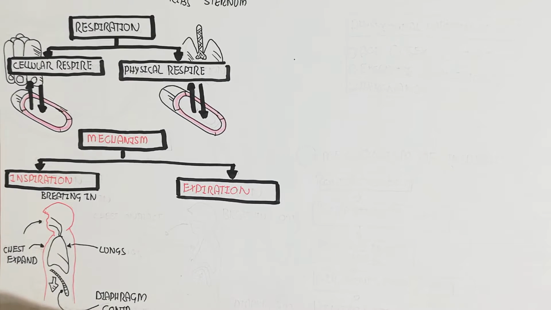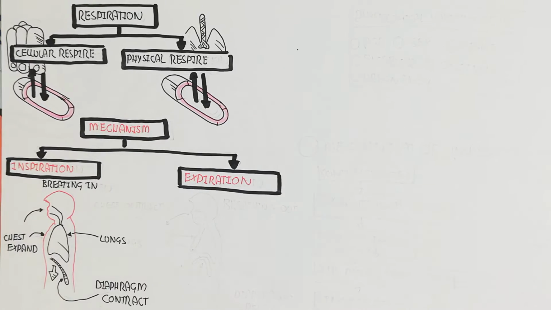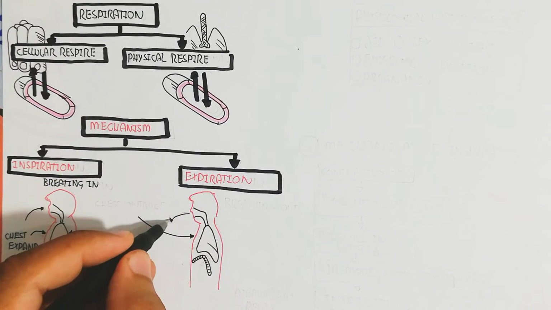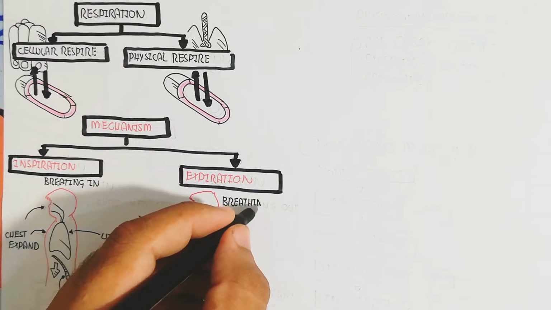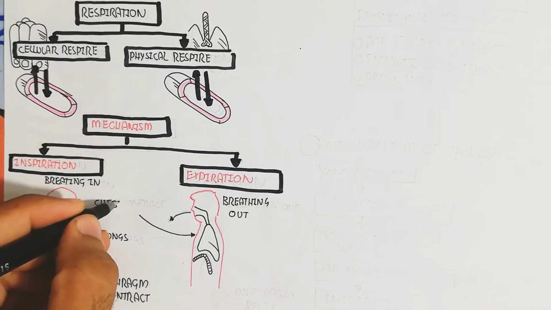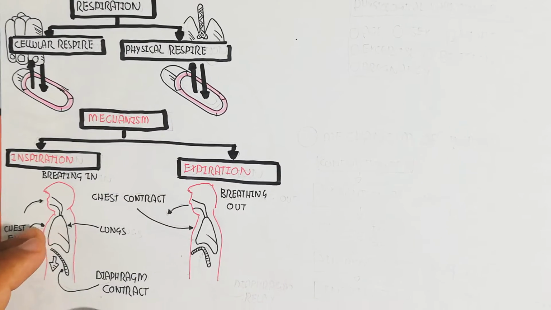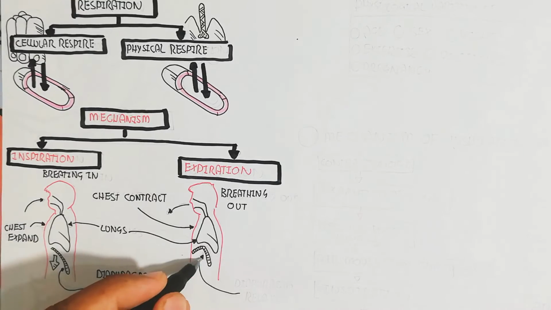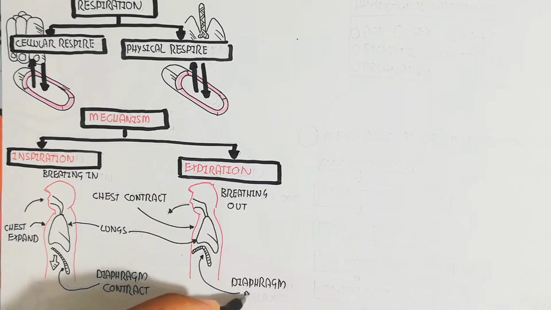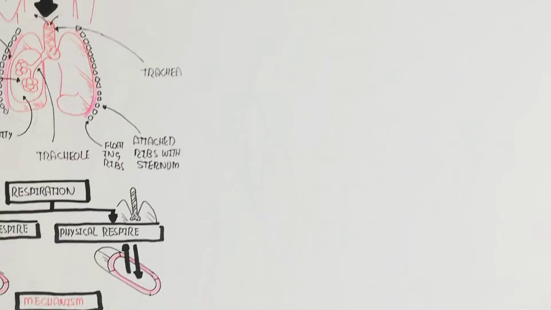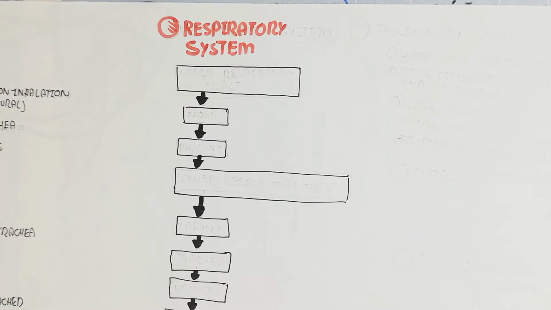The diaphragm contracts while the lungs expand. On the other hand, expiration means exhalation, breathing out carbon dioxide. The lungs decrease in size, the chest contracts and the diaphragm relaxes.